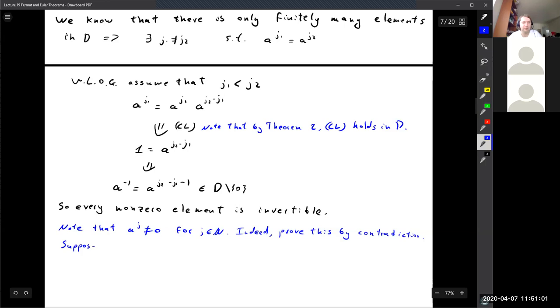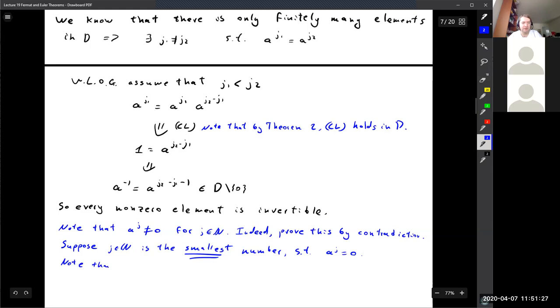Suppose A to the j, where j is the smallest number such that A to the j equals 0.